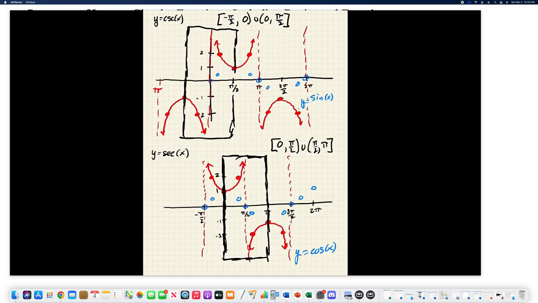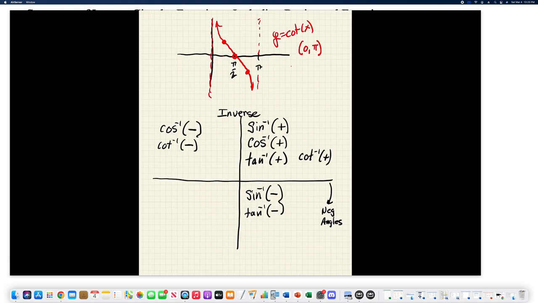Then I'm going to go back to that other tab, looking at our cosecant and our secant. Here was my domain restriction. We were in quadrant 4 and 1. All right, so I go back here for cosecant. 1 and 4. Inverse cosecant of a positive is in quadrant 1, and inverse cosecant of negatives are in quadrant 4.